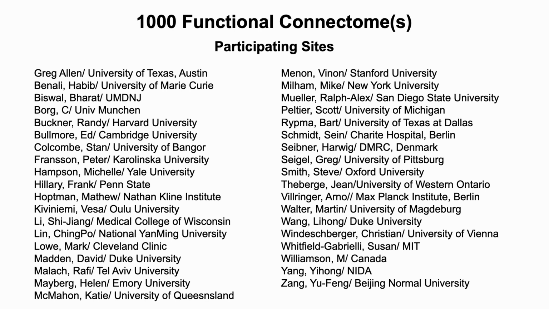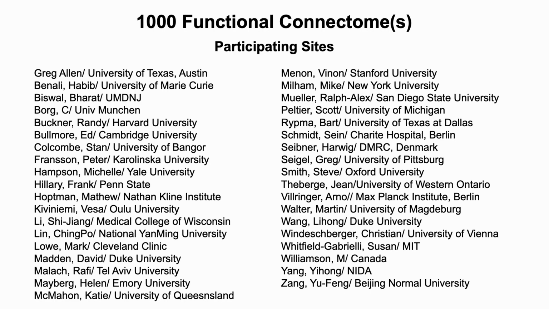So this data was collected from many different countries using different scanners, Philips, Siemens, GE, Varian, using different field strengths, 1.5 Tesla, 3 Tesla, 4 Tesla, some 7 Tesla data, and even different pulse sequences.